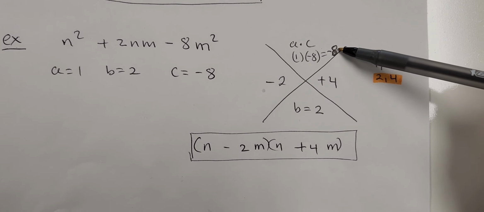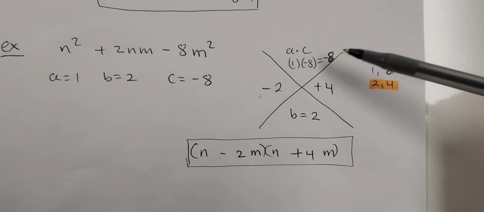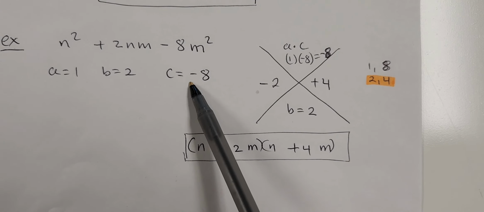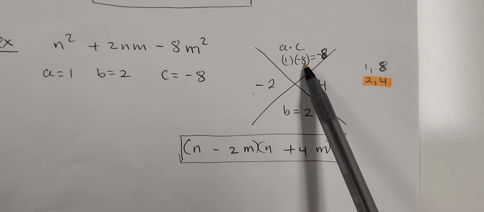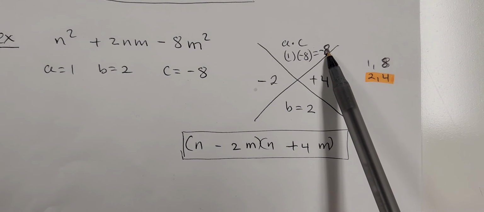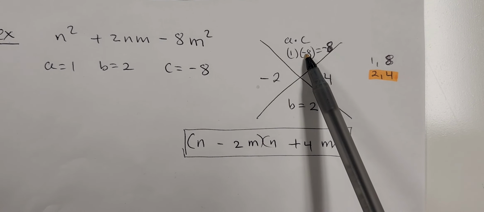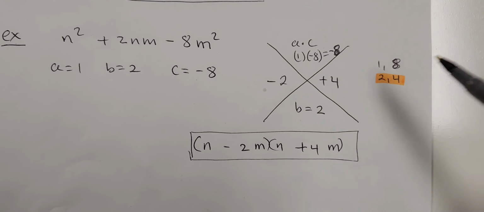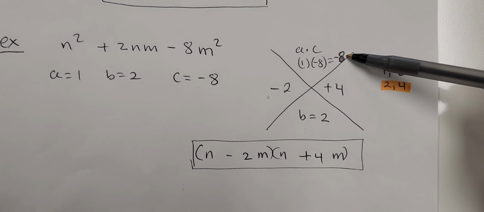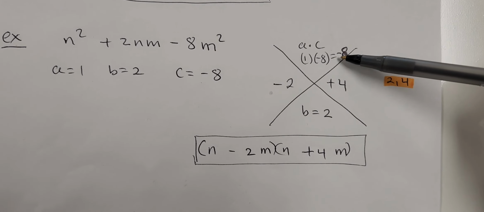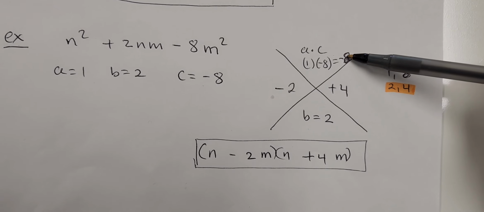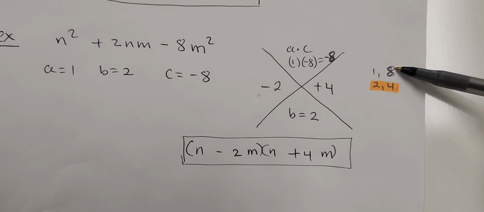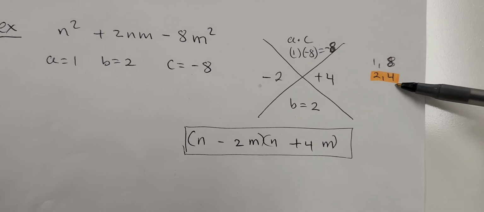Now we need the factors of 8, because a times c, 1 times negative 8, gives me negative 8. For now, ignore the negative. We just need the factors of 8, which are 1 and 8, and 2 and 4.